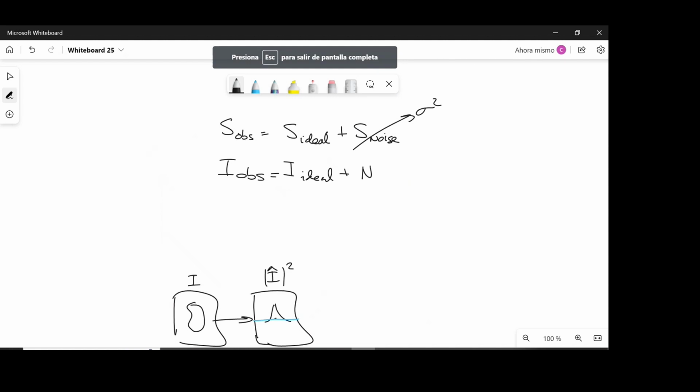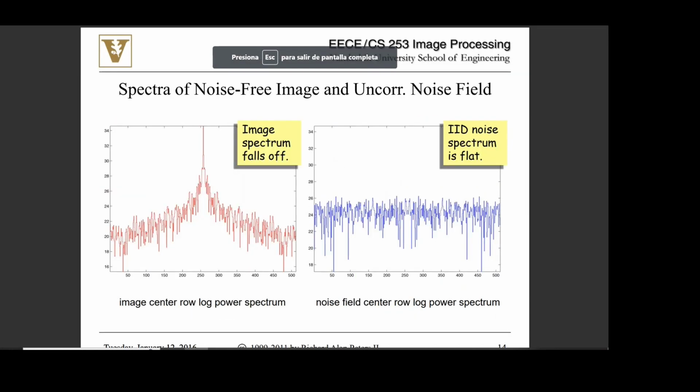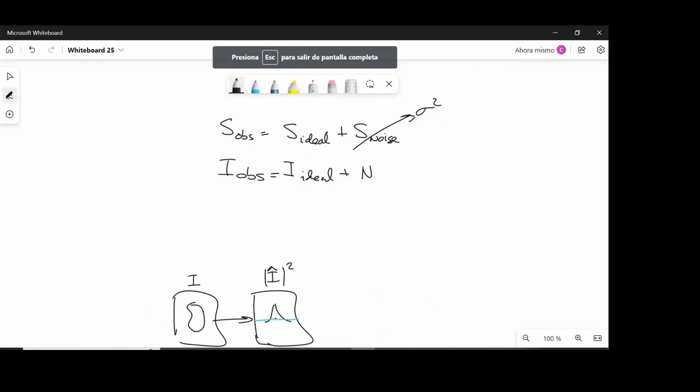Actually, this behavior here, that it falls off as the frequency grows, is some kind of standard property of natural images. So in natural images, this power spectrum falls as the frequency squared, typically. It doesn't mean that it really has to go like this, but normally it goes with that trend.